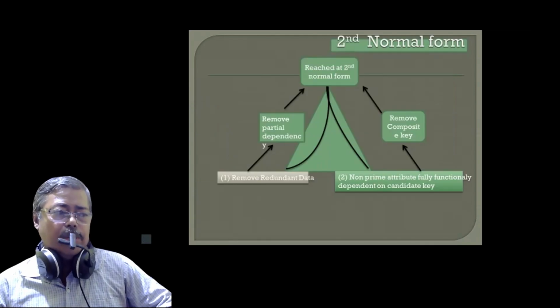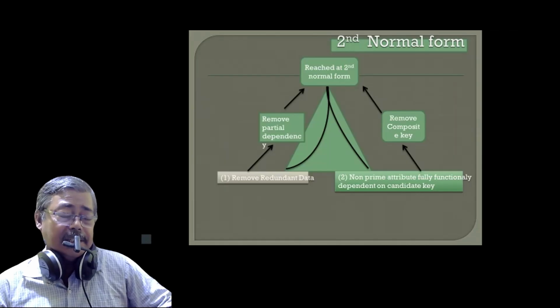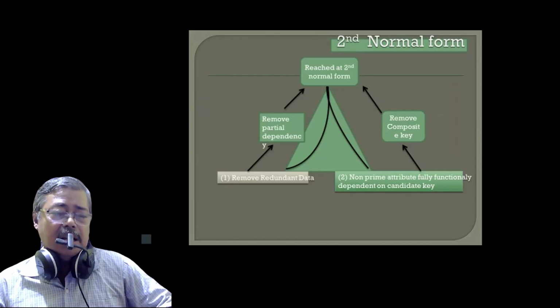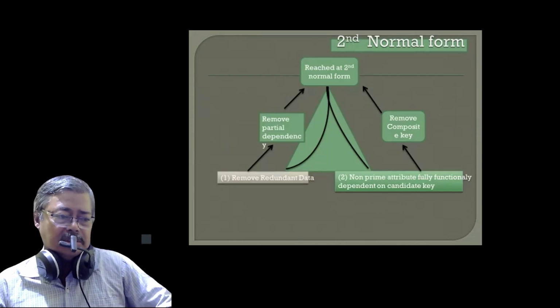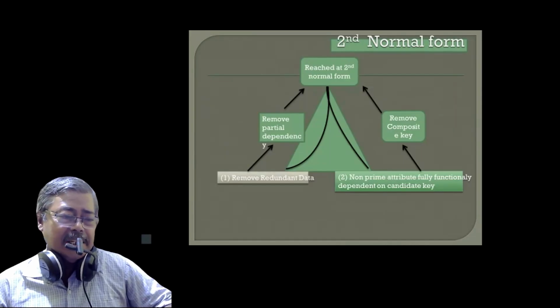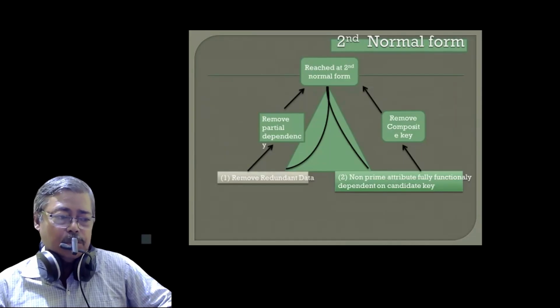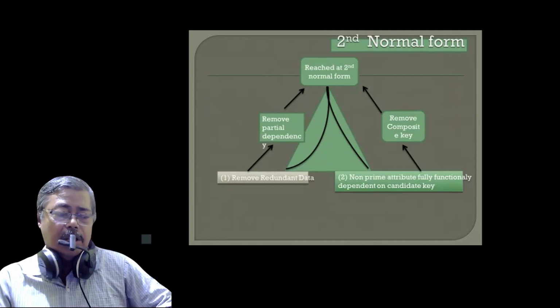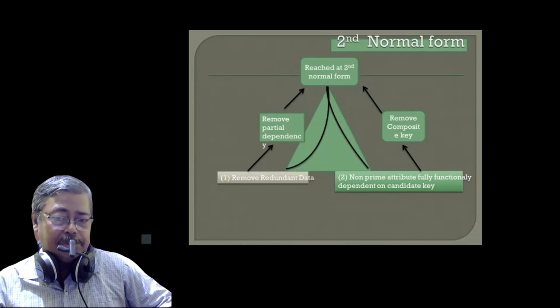And now we are coming to second normal form. Second normal form removes the redundant data and removes the composite key. A composite key means one key, the primary key, is related in two ways: one type of relation is with the key, but another type of relation is with a non-key attribute.